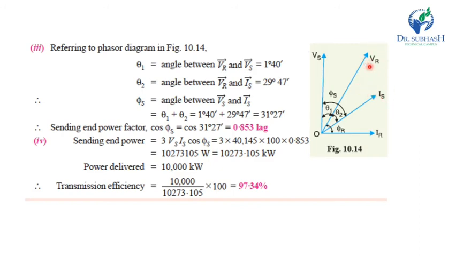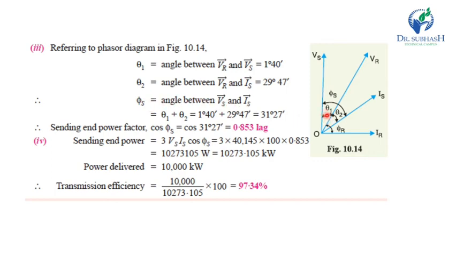We already have the angle between Vr and Ir, which is called the phi r value. So we just have to find both the angles theta 1 and theta 2. The sum of theta 1 and theta 2 gives the value of phi s, the sending end power factor angle.